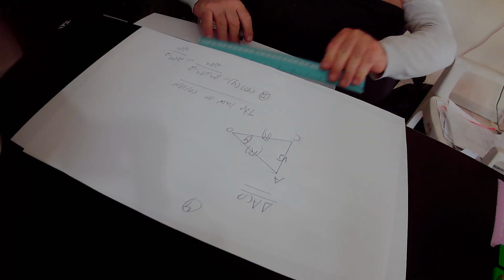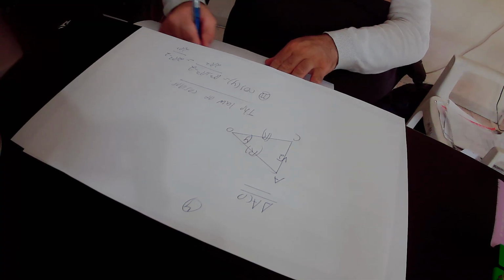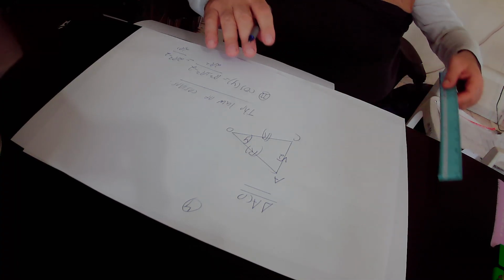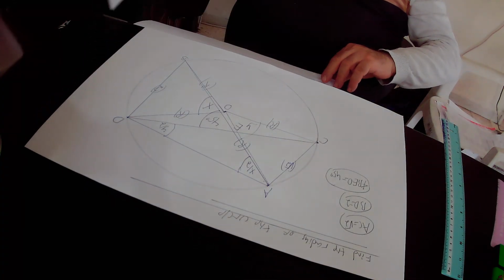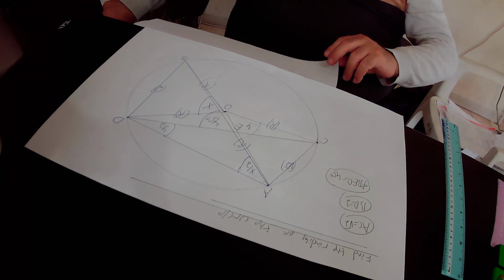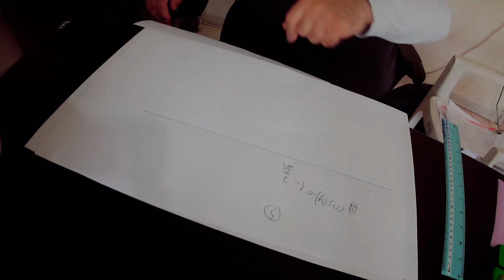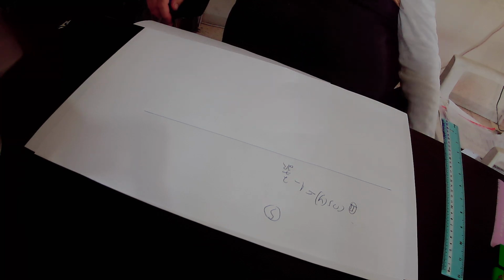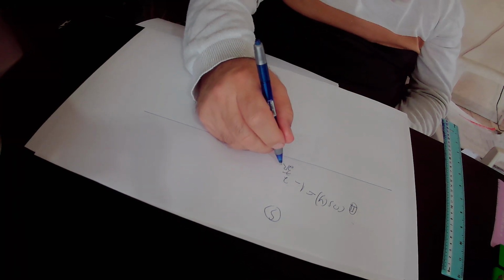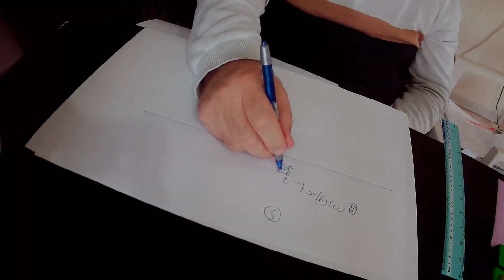So we find out that according to equation 2, cosine Y equals 1 minus 2 over 2R squared.